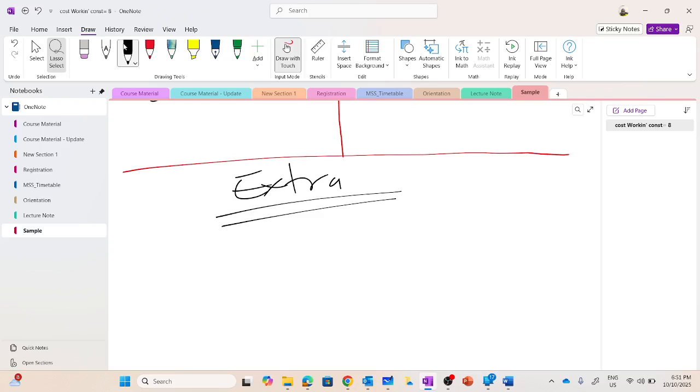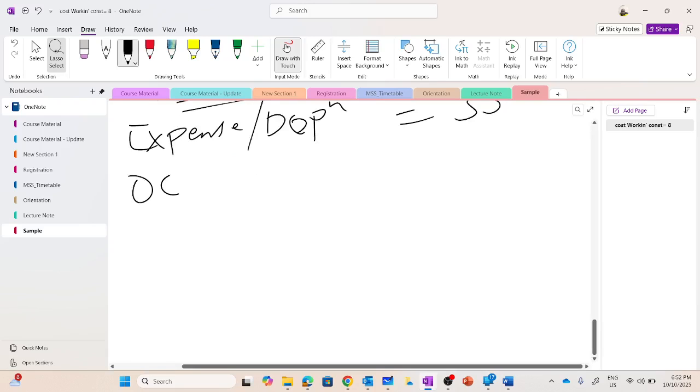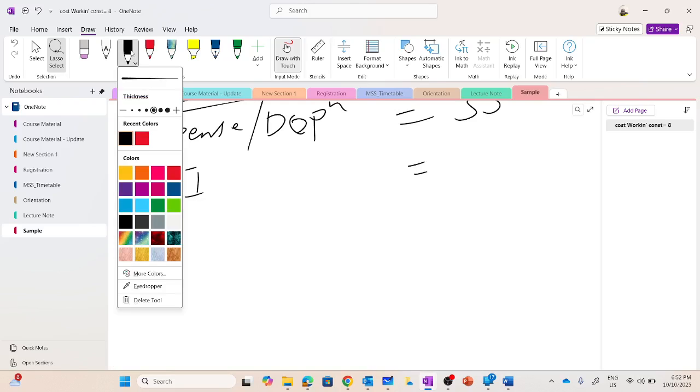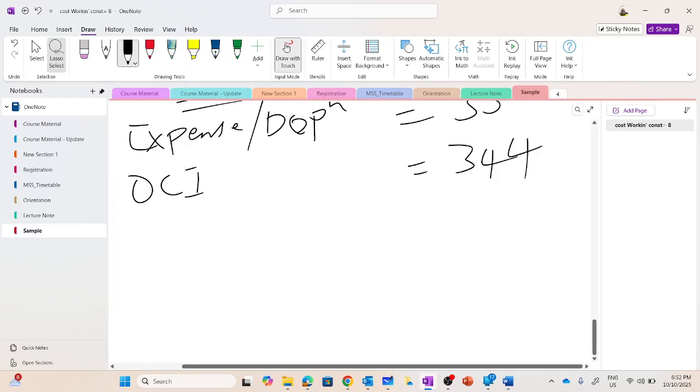Okay, for the statement of profit or loss, this is what we are going to show. And for other comprehensive income, we are going to show the revaluation gain of 344. Under the reserve, we are going to show 344 again as revaluation reserve.